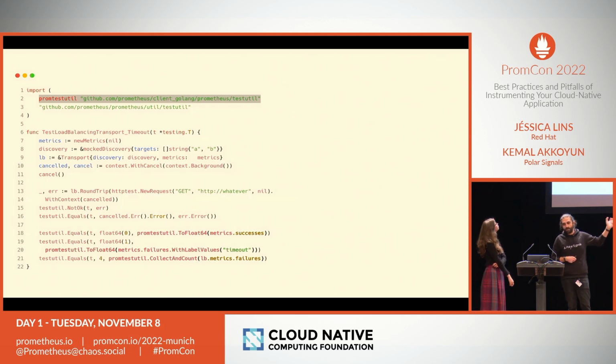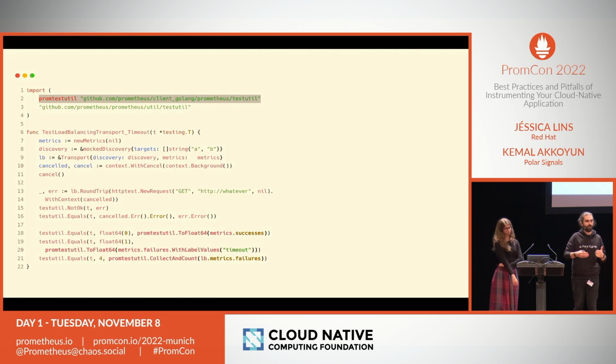You can check the number of labels. You can even wait for some metric to increment to a certain value, and stop your test until that point. This is a very useful pattern. At least in Thanos, I think we abuse this system, and we test most things based on our metrics.